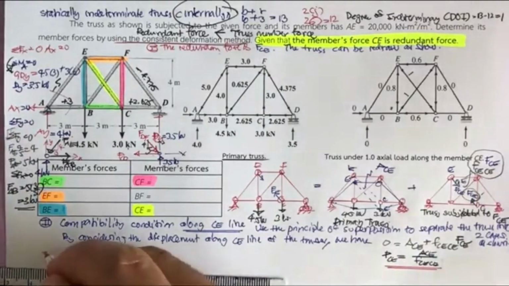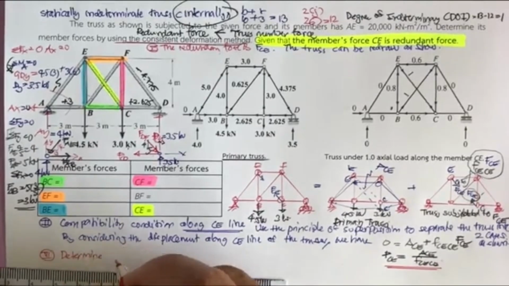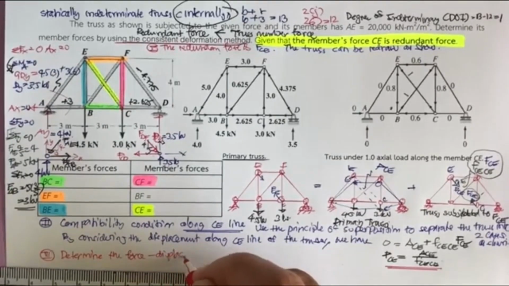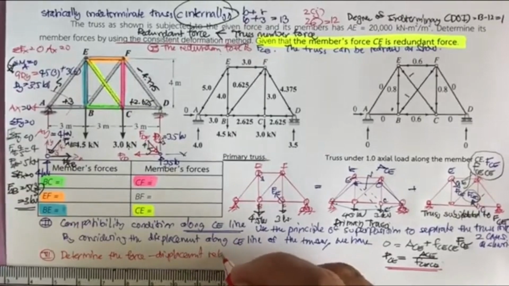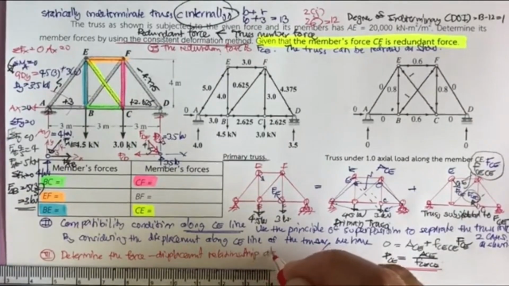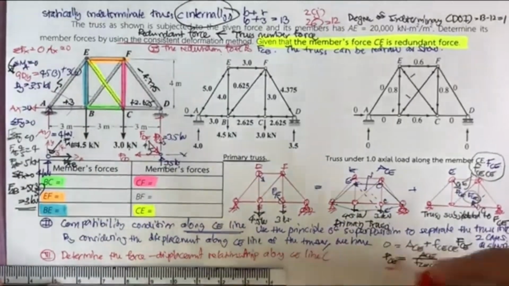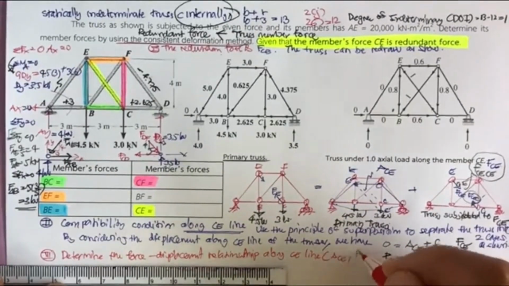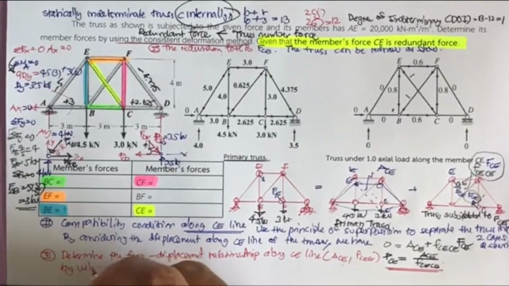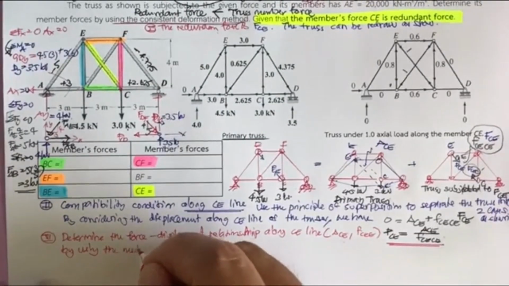So, third, determine the force displacement relationship along the CE line, which is going to be delta sub CE and f sub CE,CE, by using the method of virtual work.